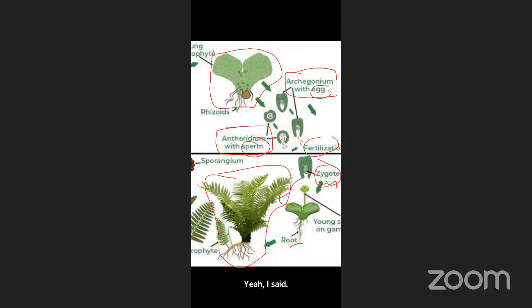Pteridophyta first type study: Lycopodium. Right. Next one after Lycopodium. What is the next type study? Equisetum.